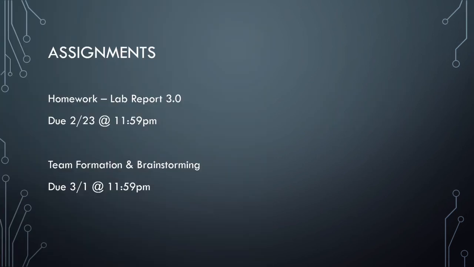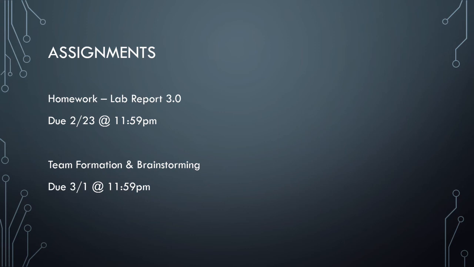So for assignments this week, you have your lab report 3.0. That'll be due this next Sunday at 11:59 as usual. And then for your team formation and brainstorming session, again, because I know this can take a little while online, I've given you 2 weeks to complete this. So I recommend not wasting a week before you start this.